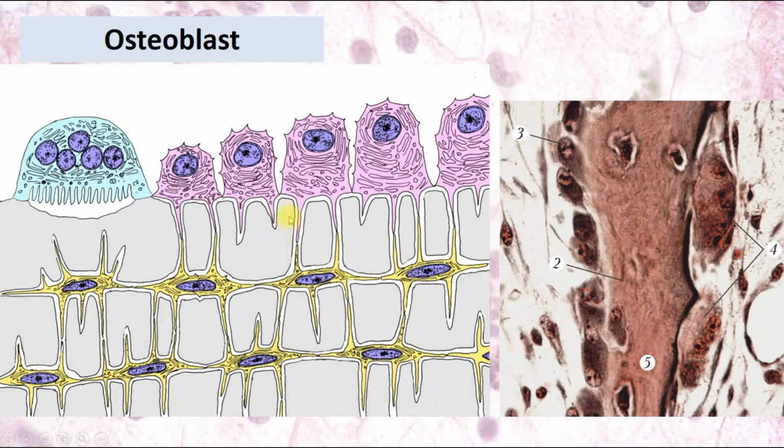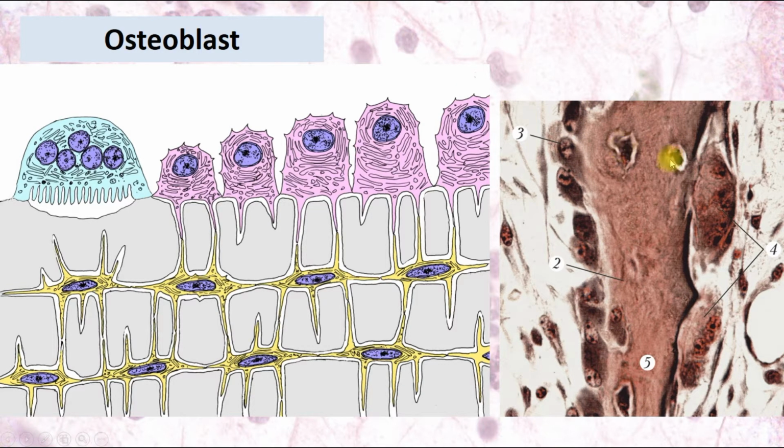Some osteoblasts are surrounded with matrix and they become osteocytes. Osteocytes are completely surrounded with matrix, they are located deeper. So here we can see osteoblasts, they are located on the surface, and osteocytes, they are located inside the bony trabecula. Here we can see a bony trabecula, a particle of the bony tissue, and the surface is covered with osteoblasts.